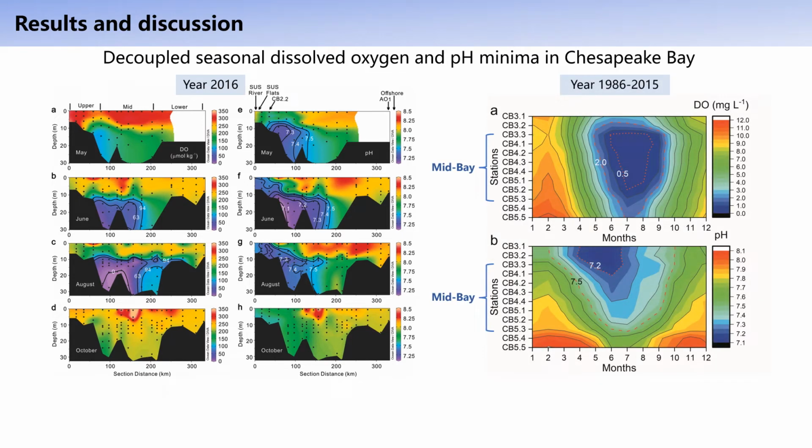Furthermore, we downloaded the 30 years of monitoring data of bottom DO and pH from the Chesapeake Bay Program. The y-axis shows the monitoring sites from upper bay to lower bay, and the x-axis shows the months. We can see the DO minimum appeared in July and August in the mid-bay, while the pH minimum occurred in May and June at the intersection of upper bay and mid-bay.